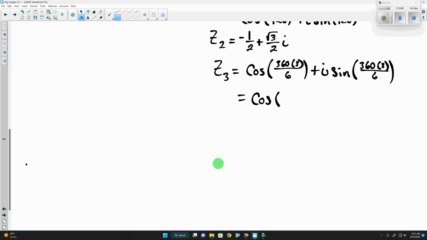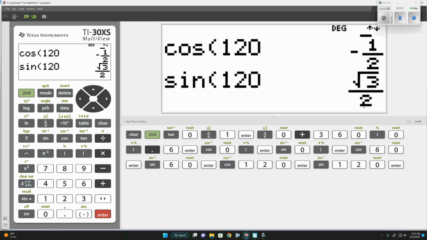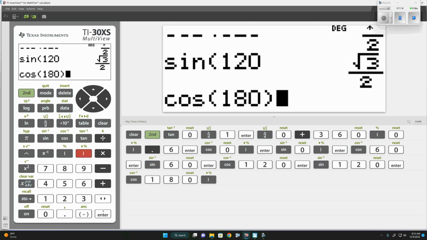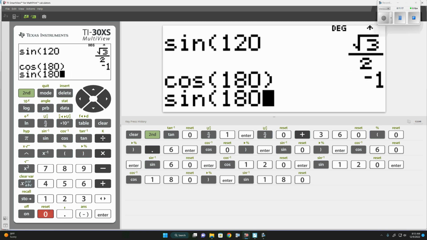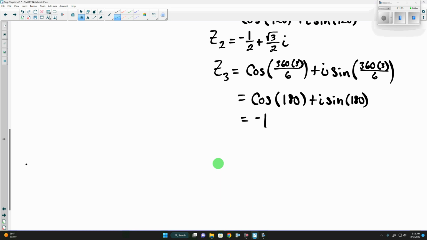At this point, again, we can plug 360 times 3 over 6 in the calculator, and it would give us 180. Cosine 180, sine 180. So we get -1 and 0, which is just really telling us that this is -1.